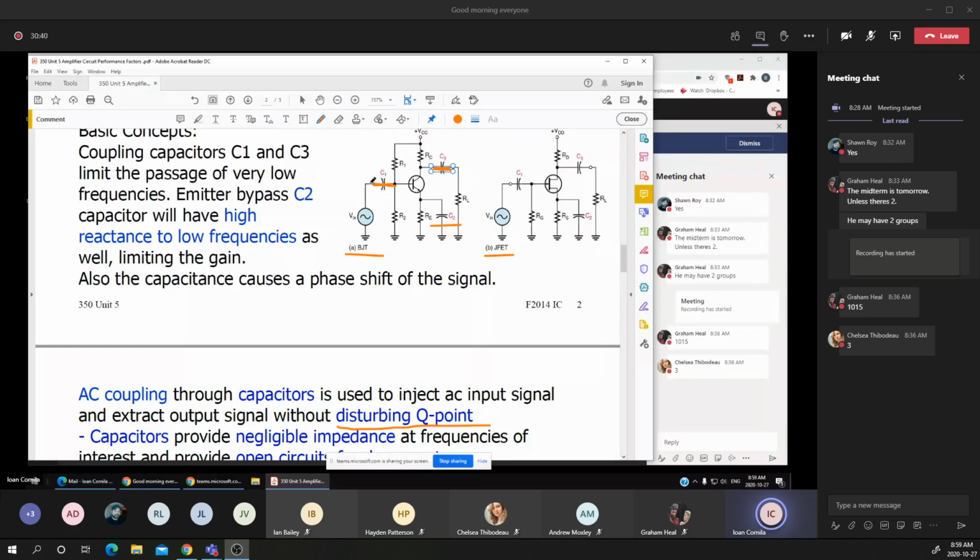And in the same way, if we are not using the C1, it will disturb the Q point, because remember that we have a resistor which is actually the internal resistance of the V in.